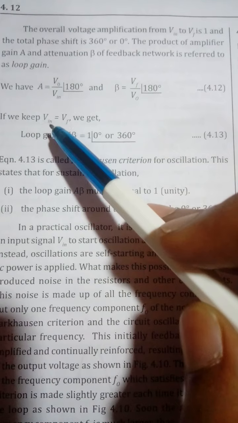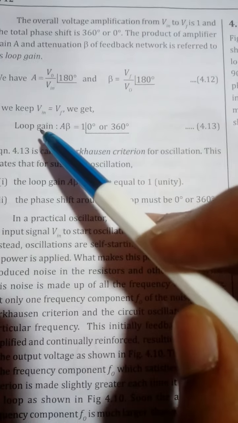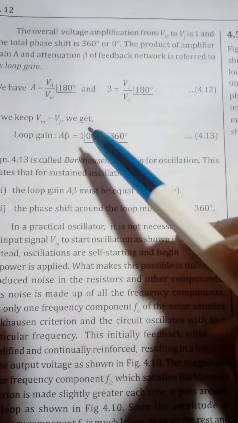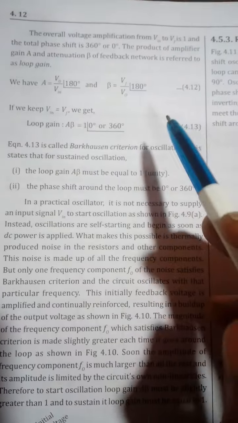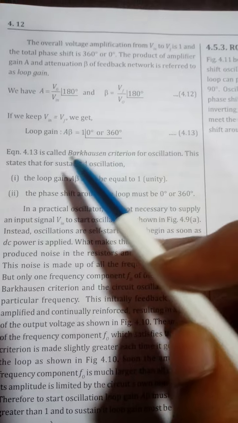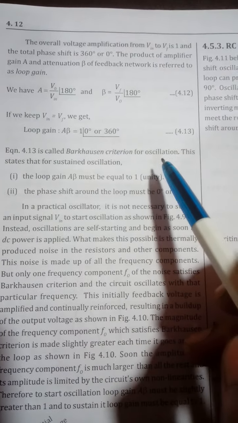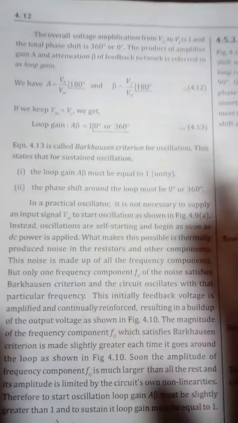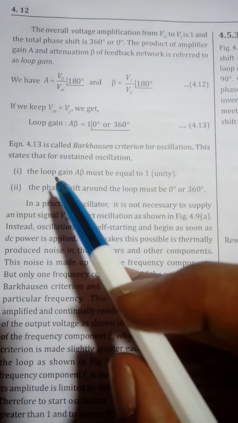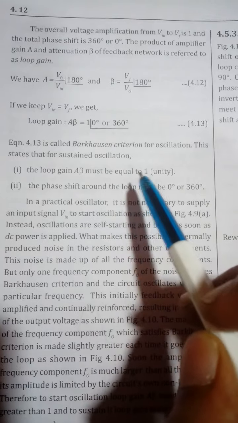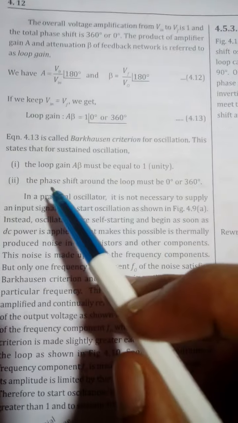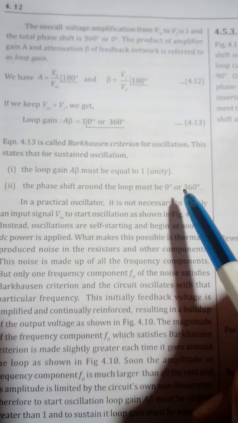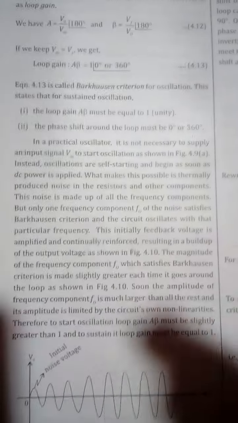If we keep V in equal to VF, we get loop gain A beta equal to 1, which is unity, with phase 0 degrees or 360 degrees. This equation is called the Barkhausen criteria for oscillation. It states that for sustained oscillation, first, the loop gain A beta must be equal to 1, which is unity, and second, the phase shift around the loop must be 0 degrees or 360 degrees.